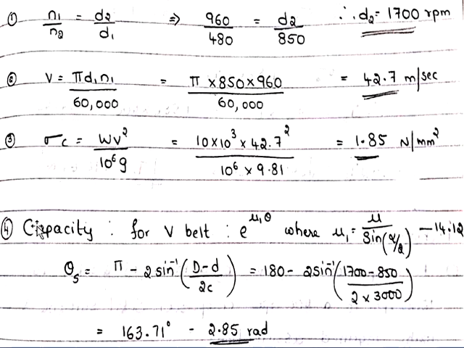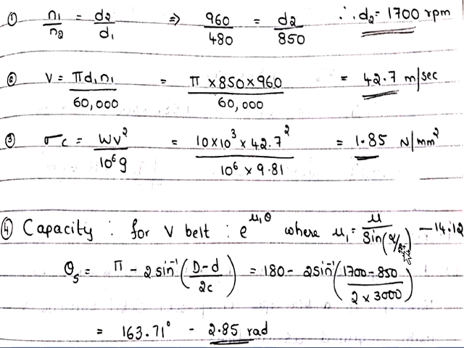Next, find out capacity. Here is one small difference compared to flat belt drive. In flat belt drive, capacity is given by e to the power mu theta, but in V belt drive, capacity is given by e to the power mu 1 into theta, where mu 1 is given by equation 14.12.